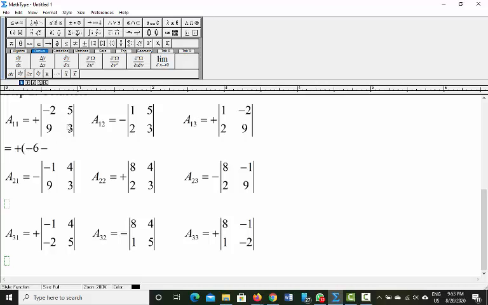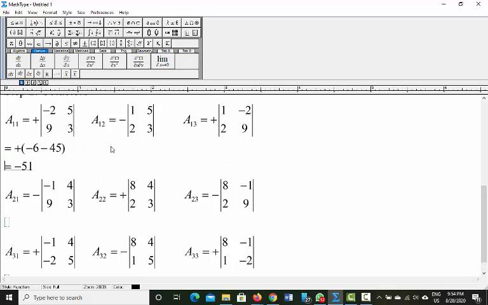There is a minus before the left diagonal element. Now we multiply the left diagonal elements: 5 multiplied by 9 is 45. That means minus 45 minus 6, that is minus 51.